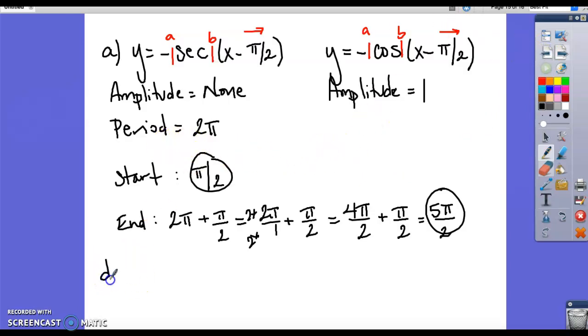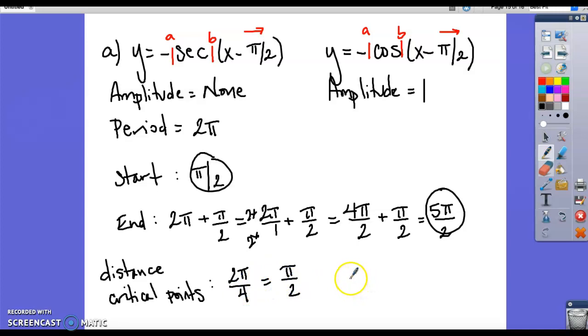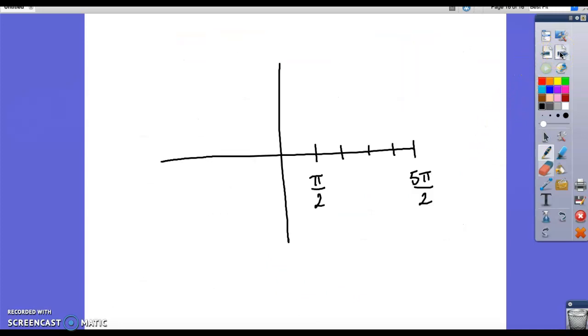To figure out the distance between the critical points, I take my period, which is 2 pi, and I divide it by 4. 2 pi divided by 4 is pi over 2. So the distance between my critical points is going to be pi over 2.